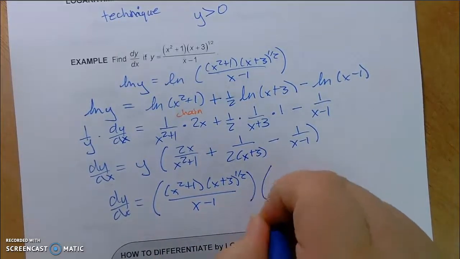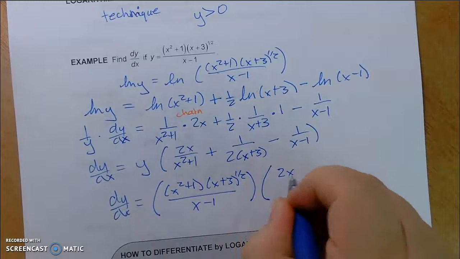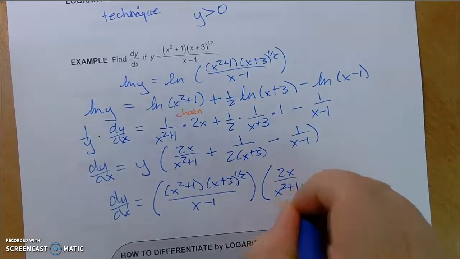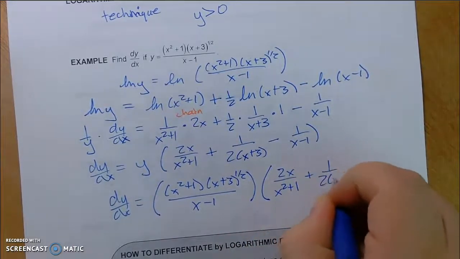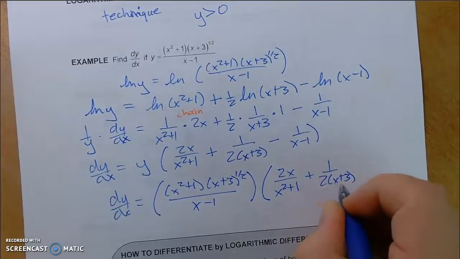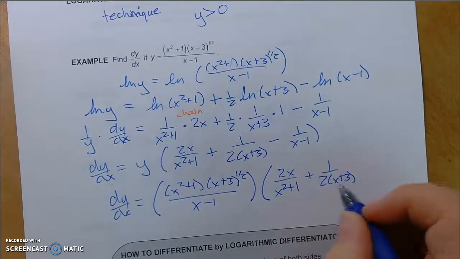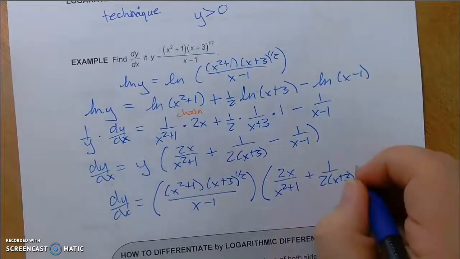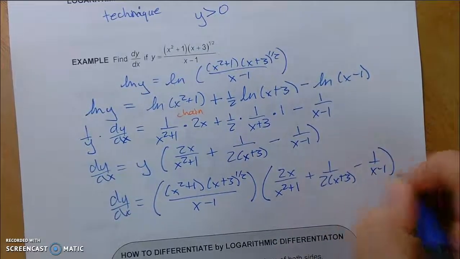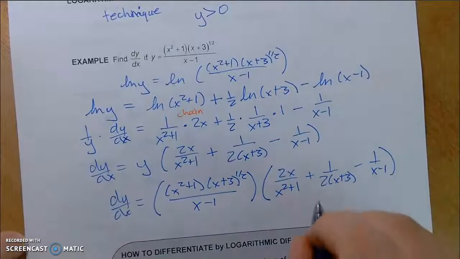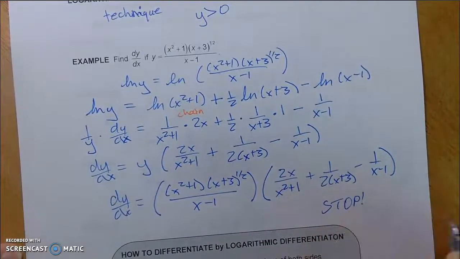And then we have this lovely factor here, plus 1 over 2 times x plus 3. If you write 2x plus 6, that's not going to be that big of a deal, but again, I would leave them factored, just as a rule of thumb. And then we're done. You're going to stop right there.